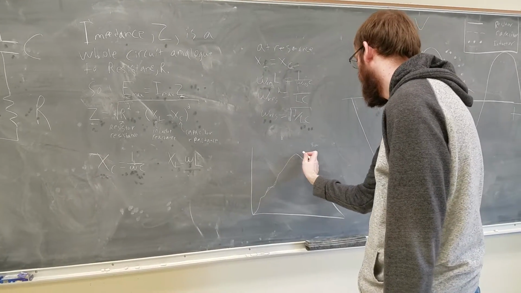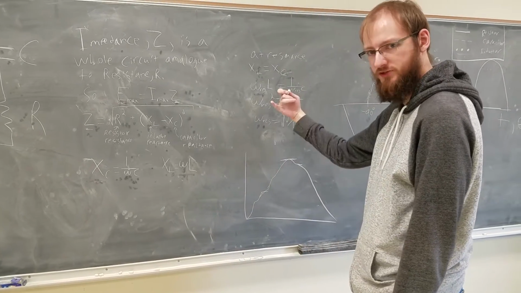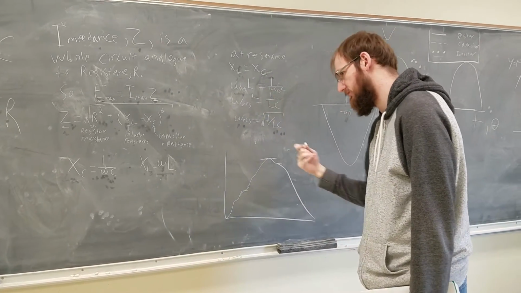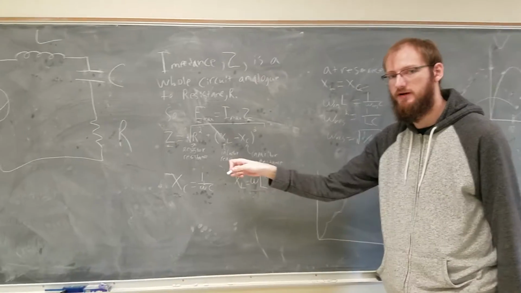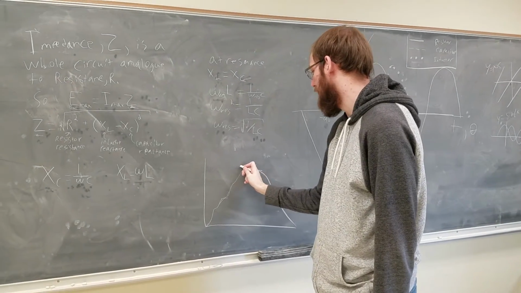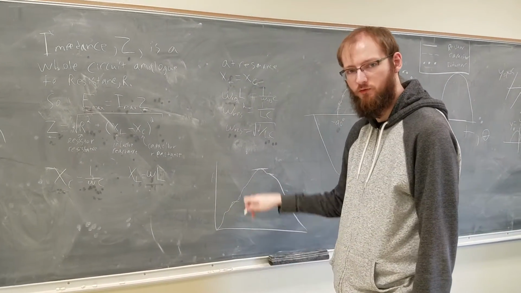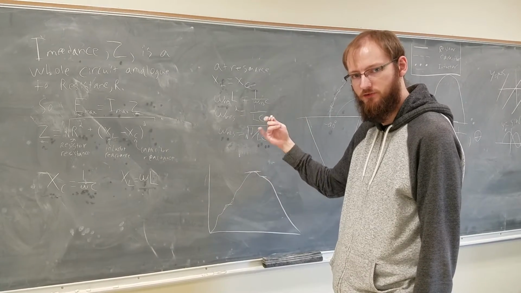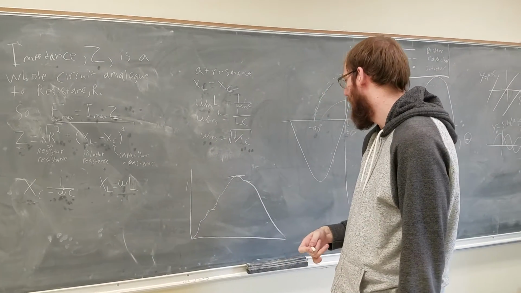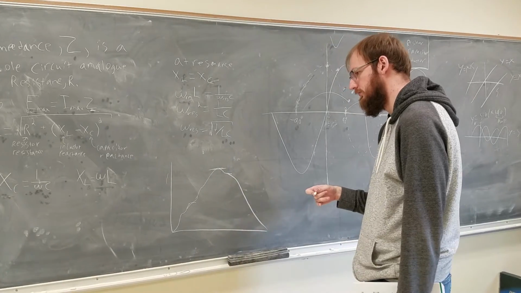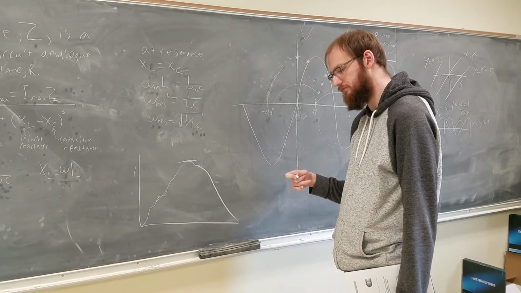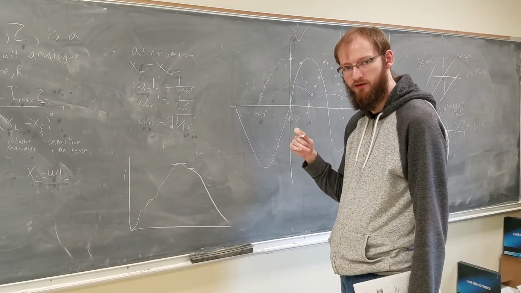And so this point here, when the voltage across the resistor is the same as the total voltage, means you're at resonance. In theory, this is going to be a ratio of 1, right? Because you're dividing two things that are the same value. In practice, you'll see that maybe you don't quite get to 1.